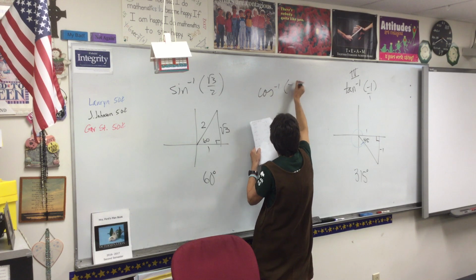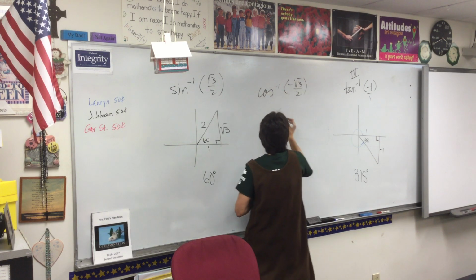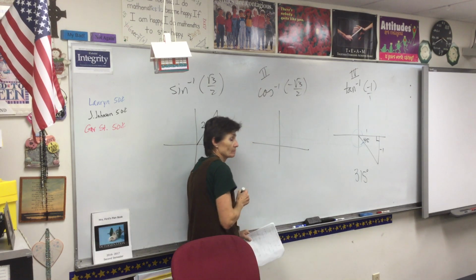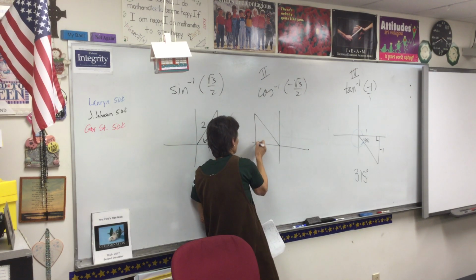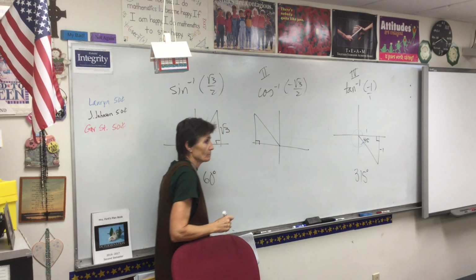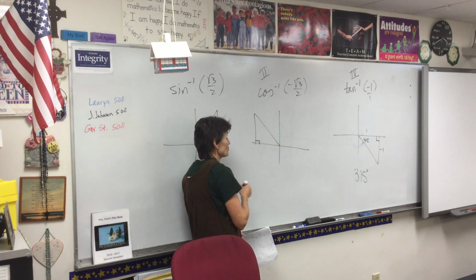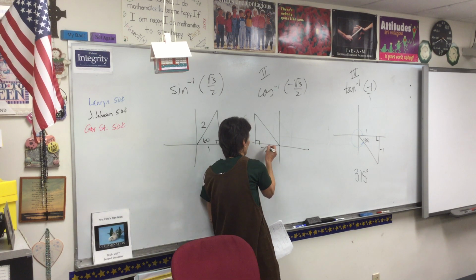It's only if you're in another quadrant that you have to mess with it. Okay, here we go. This is in quadrant 2. So I got a triangle in quadrant 2. Where's the root 3 go? On the bottom.